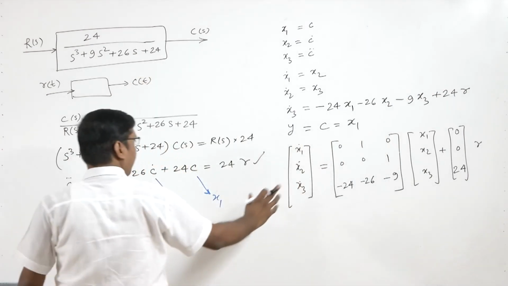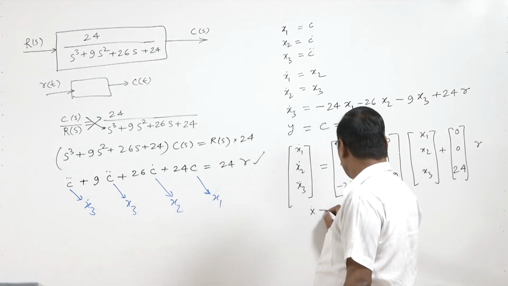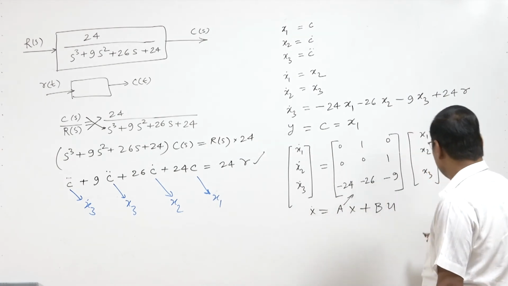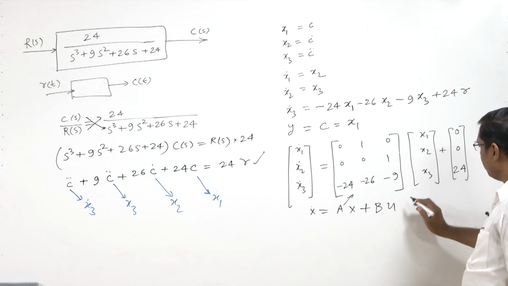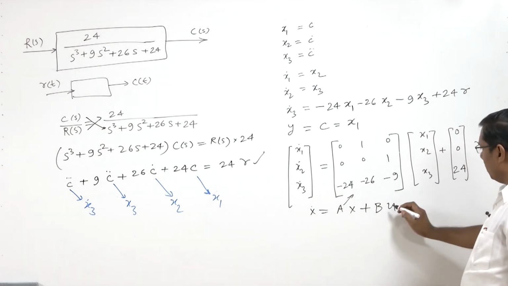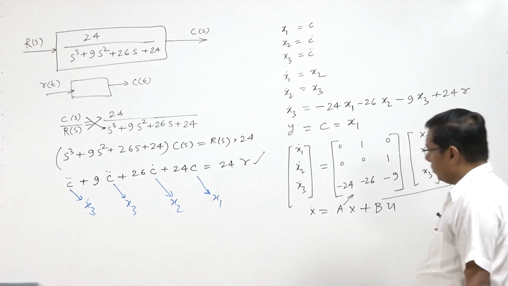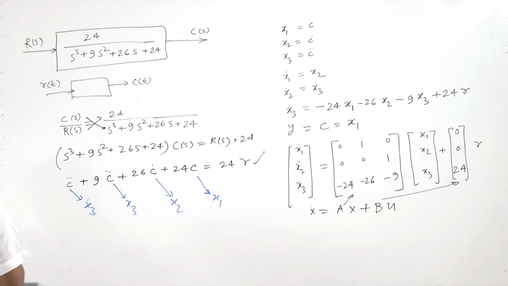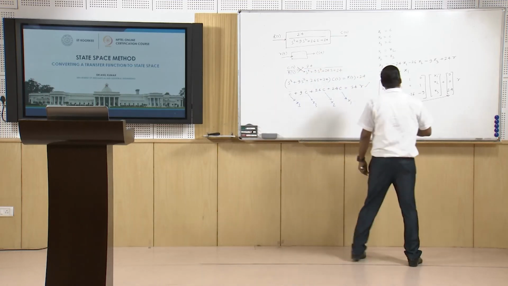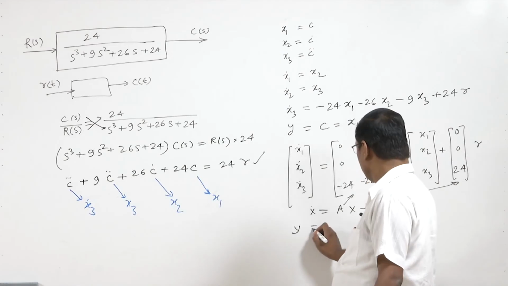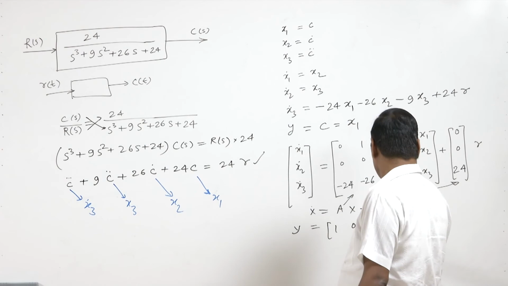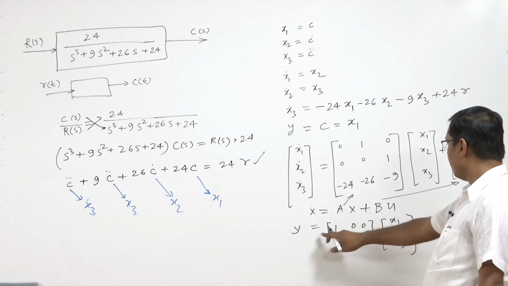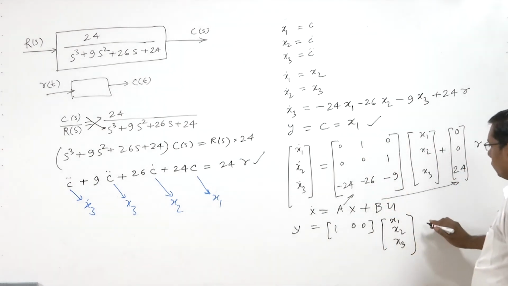So now this is like x dot equal to Ax plus Bu, and this is the system matrix, and this is the matrix B. Now the output equation, you can write y equal to 1 0 0 times x1 x2 x3, because here y equal to x1 from this equation. So this is the output equation.